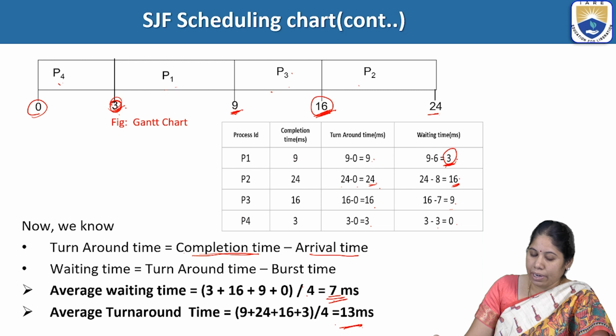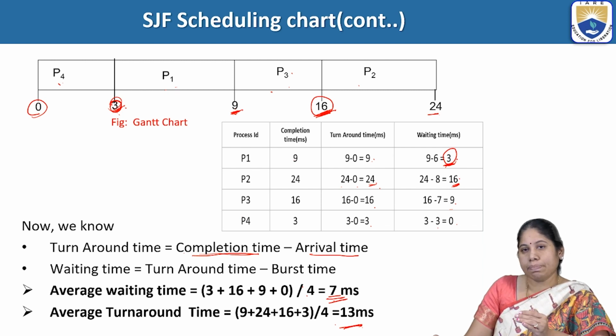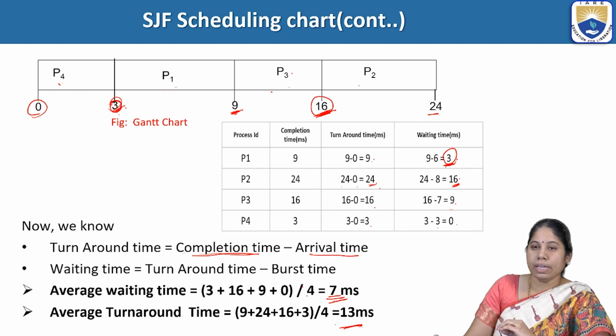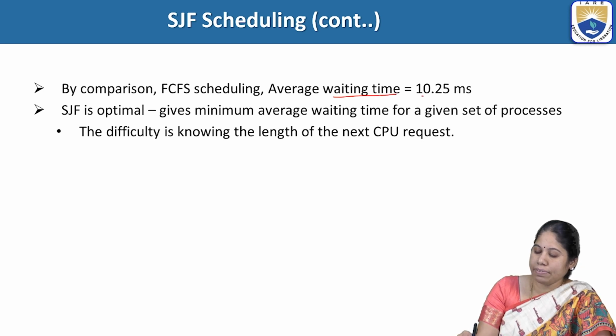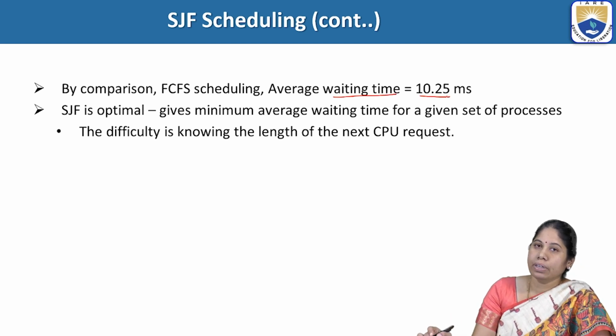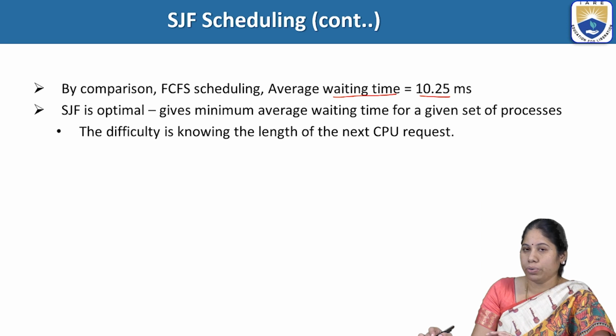If you apply the previously explained FCFS, first come first serve scheduling algorithm to the same problem, you are going to get an average waiting time of 10.25 milliseconds. I am not going to do the solution again here by applying FCFS to this problem.